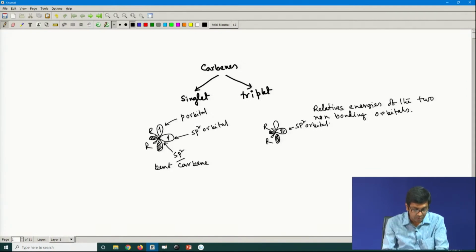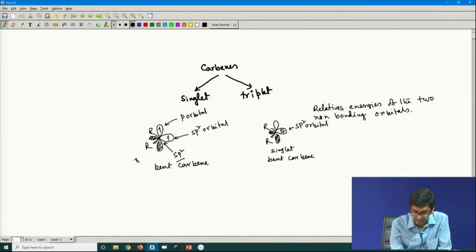So, the two electrons occupy the lower of these two available orbitals with spin pairing. So, this is also a bent carbene, and this is the corresponding singlet and this is the triplet. In this case also, this is having an sp2 hybridized carbon center.